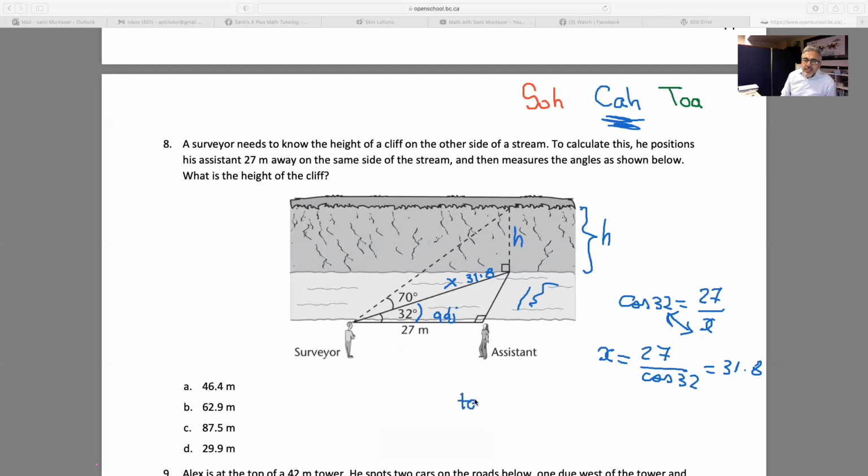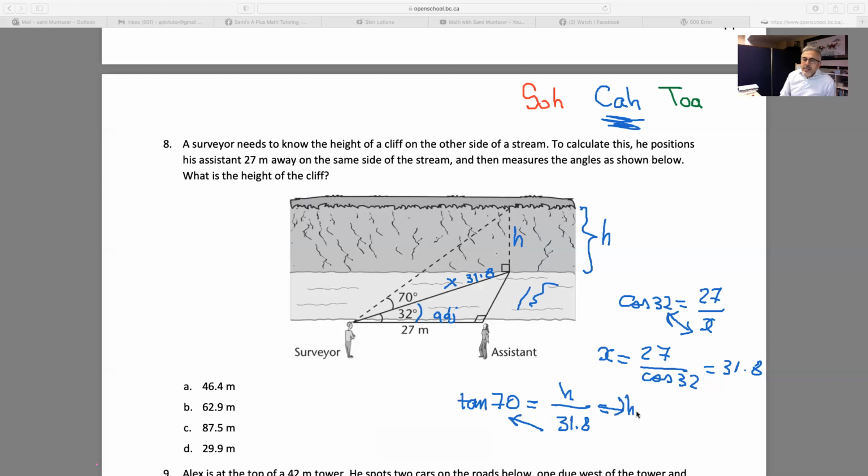So tan 70, because opposite over adjacent is TOA. So tan 70 degrees would give you h, which is the height of the cliff that we're looking for, over 31.8.